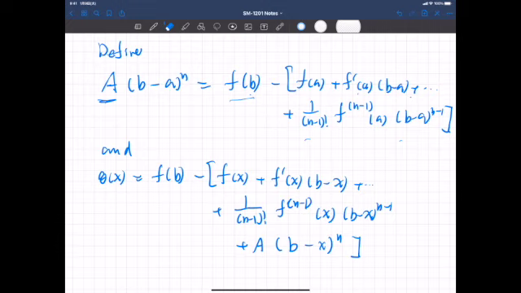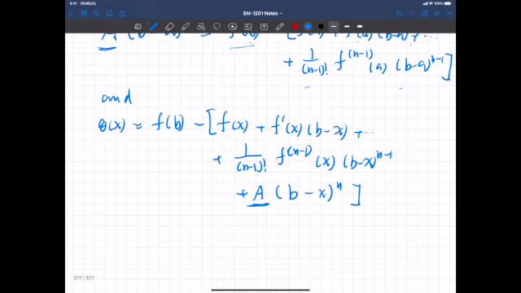Okay, now this polynomial g of x is a differentiable function on interval I, and due to the way we define this constant A, we have g of a is equal to g of b, which is equal to 0. Right?